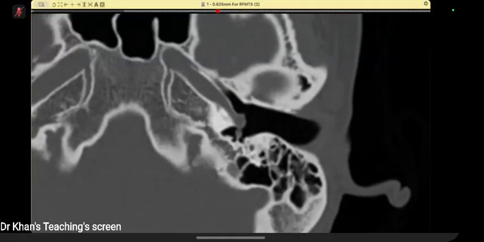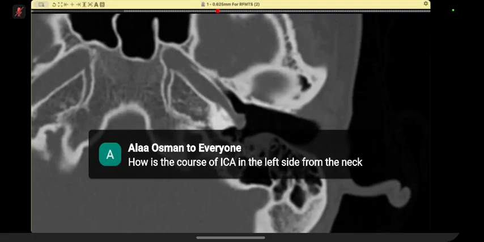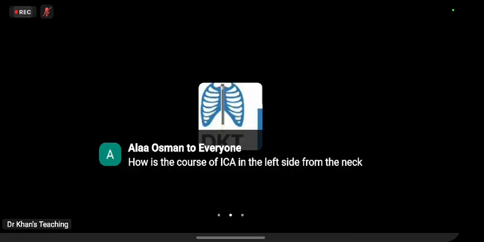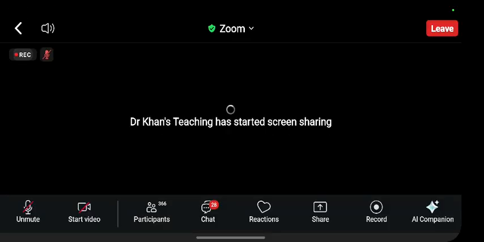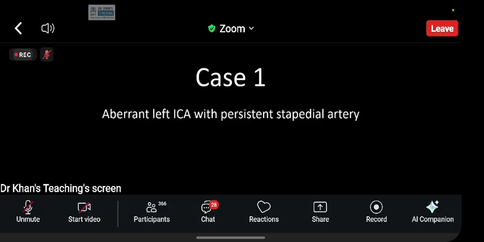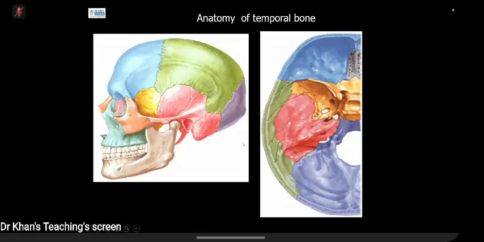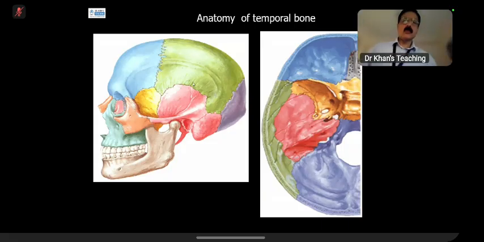Now, let's go back to a bit of teaching. And there is going to be a bit of repetition from the last session, but you have to repeat it.